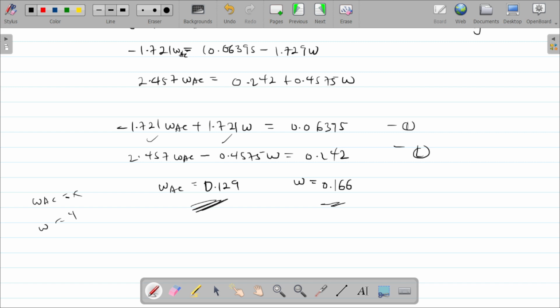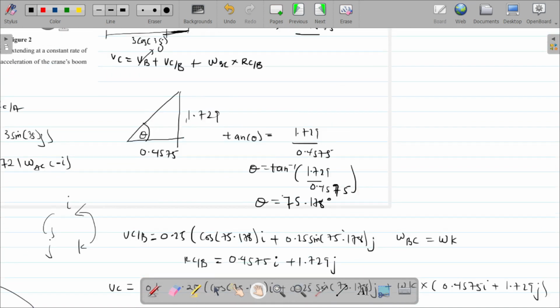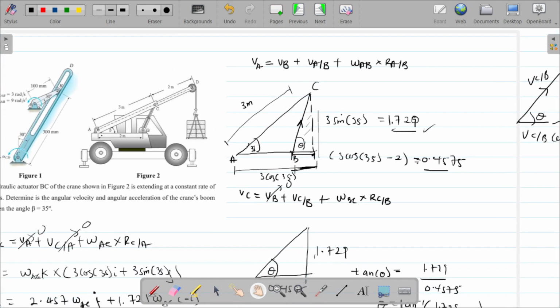All right, so here I already made you aware omega AC is the same as omega AD. So the angular velocity of the boom, omega AD, is equal to what? 0.129 rad per second. All right, so we are done with the angular velocity, and the next is what?